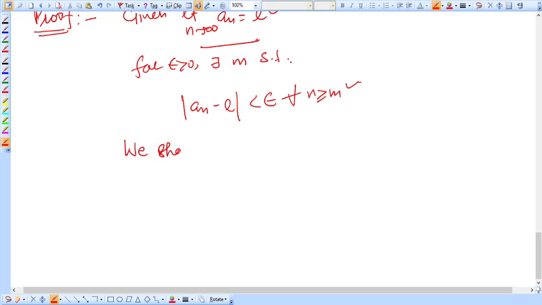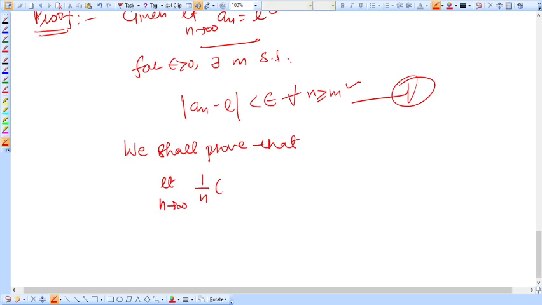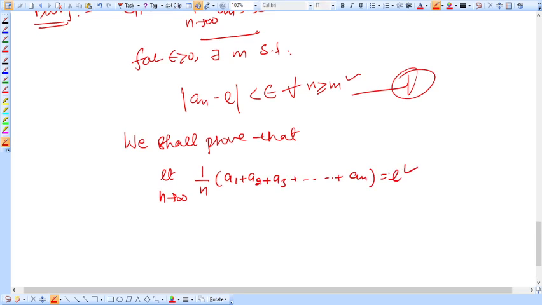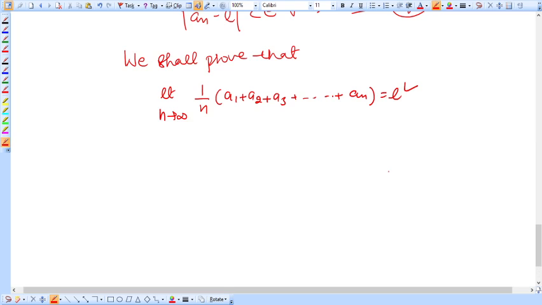Give this equation number 1. We shall prove that the limit as n tends to infinity of (1/n)(a1 + a2 + a3 + up to an) is also equal to L. For that we will have to prove that the difference of this term and L is less than epsilon.